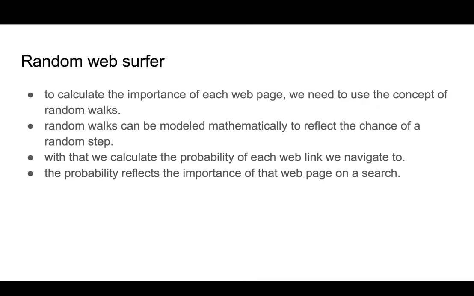And to calculate those probabilities, you need to know the concept of random walks, where you need to make sure that successive random steps can have a pattern, not exactly a pattern, but more like a probabilistic mathematical model, where you have the relation that can model that pattern, and you can calculate the probability of a random n-step walk. And from there, you have your graph probabilistic model for each page, and you use that to re-rank your solutions. That's another example just to explain how probability gets injected into computer science.